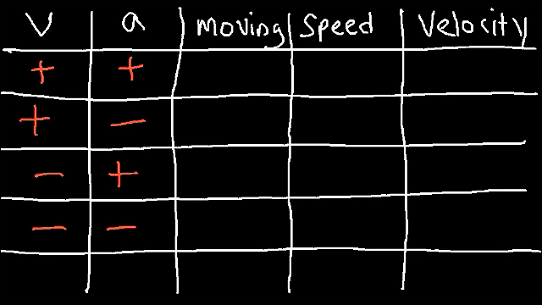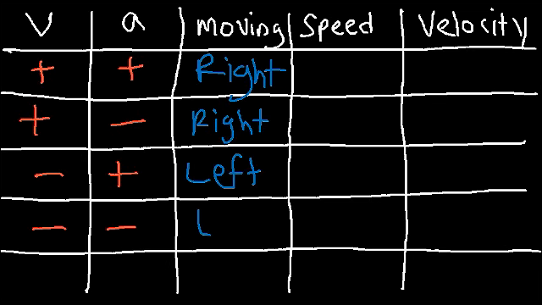So for the first one, is it moving to the right or to the left? Whenever velocity is positive, the object is moving to the right. And when it's negative, it's going to be moving to the left. Now what about speed? For the first one, is it speeding up or slowing down?